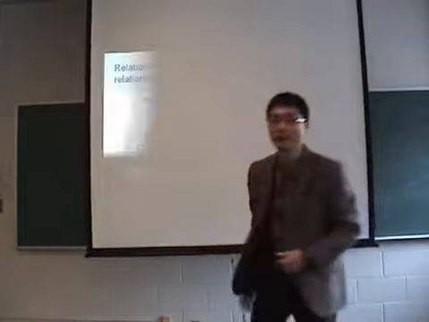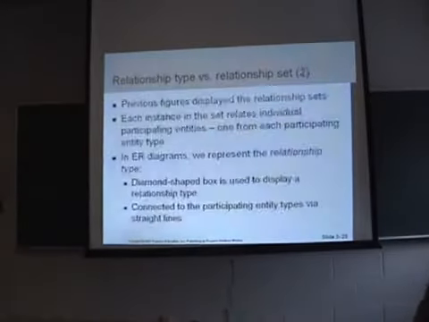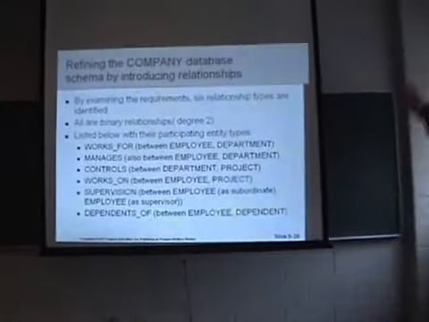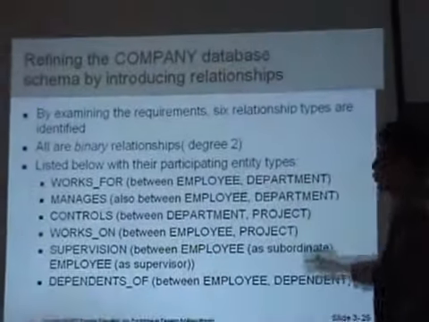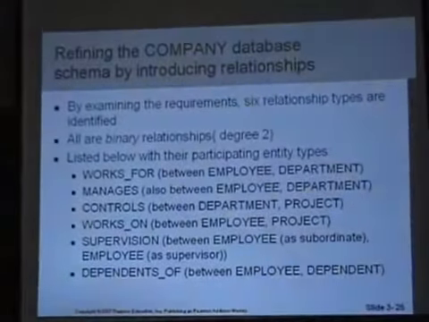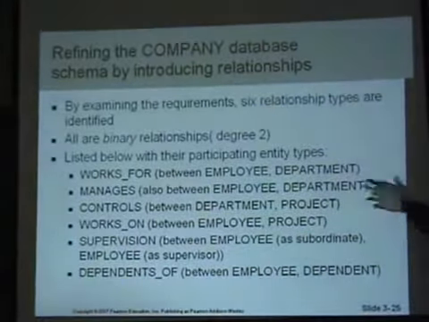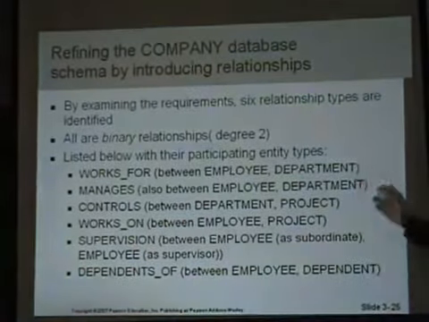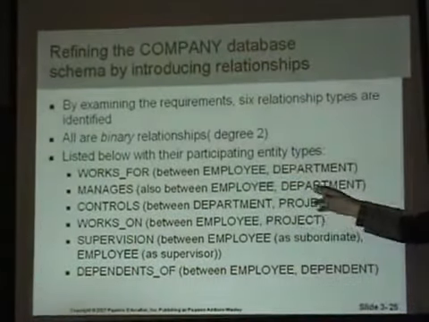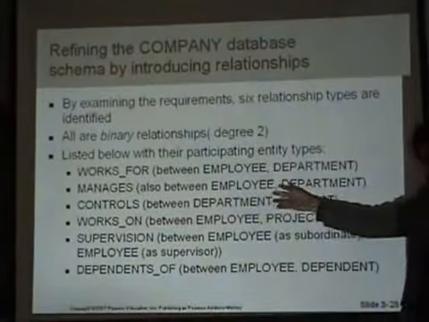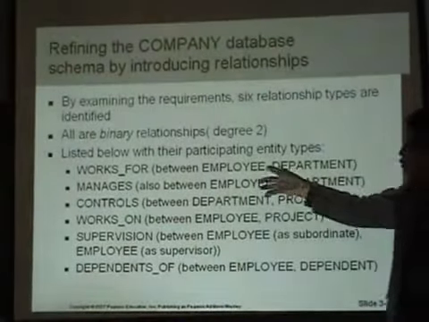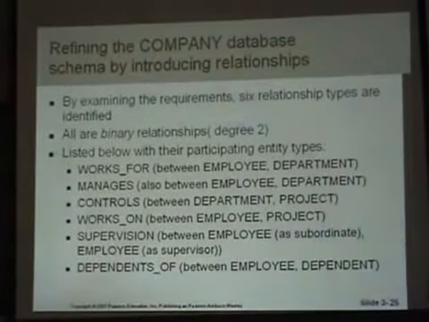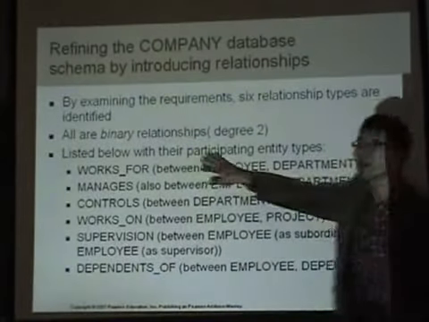Finally, these are all the relationships that we can find from our requirement, like works for between employee and department, managing between employee and department. Not only one relationship, two same entities may have many relationships.